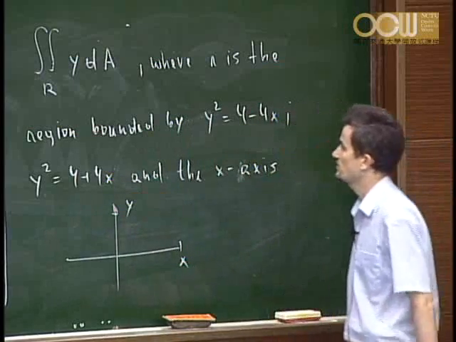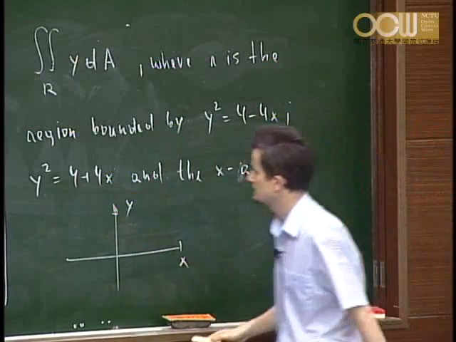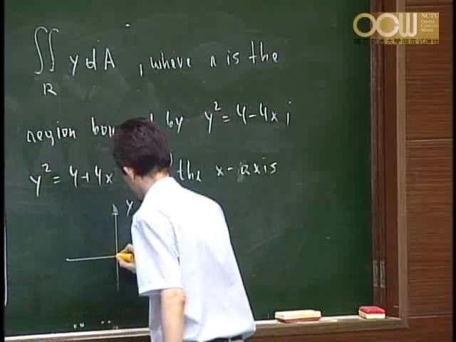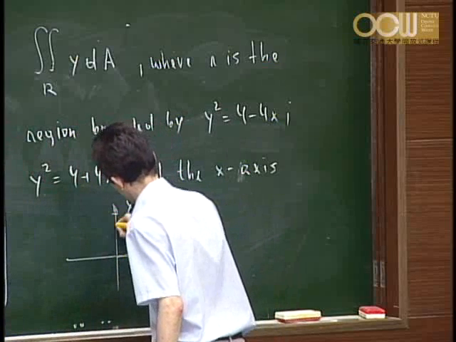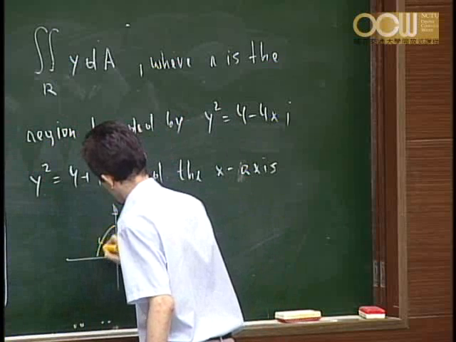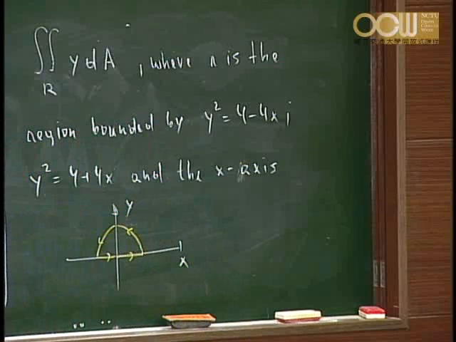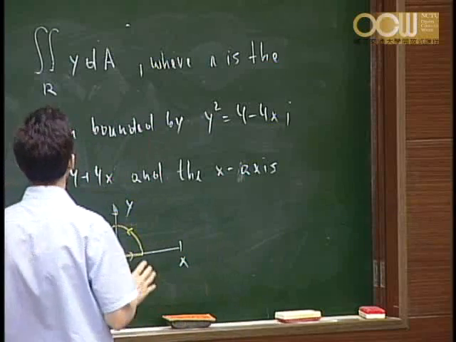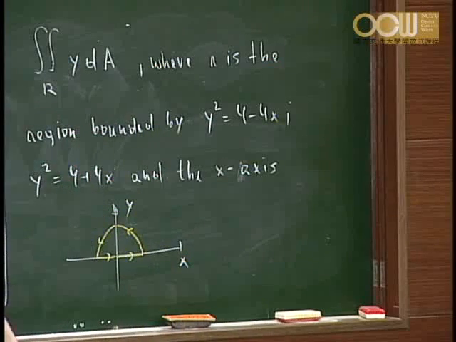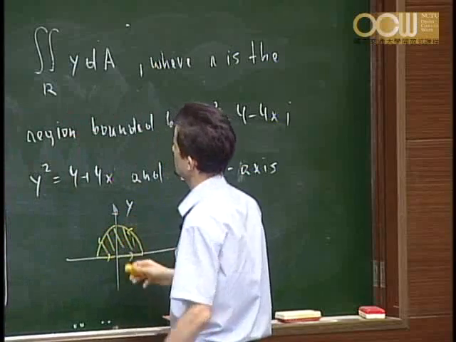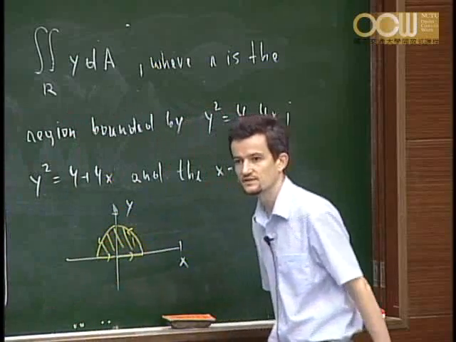Okay, so we are in the xy plane, and the region looks like this here. Of course, as I said, you do not need a change of variable for such a simple example. You just integrate over this here, use Fubini, and that's it.